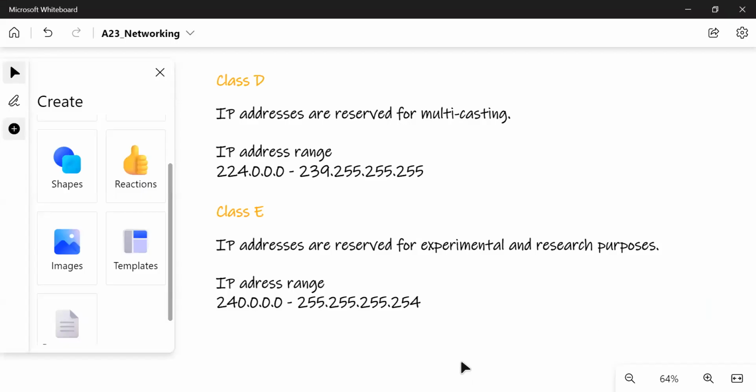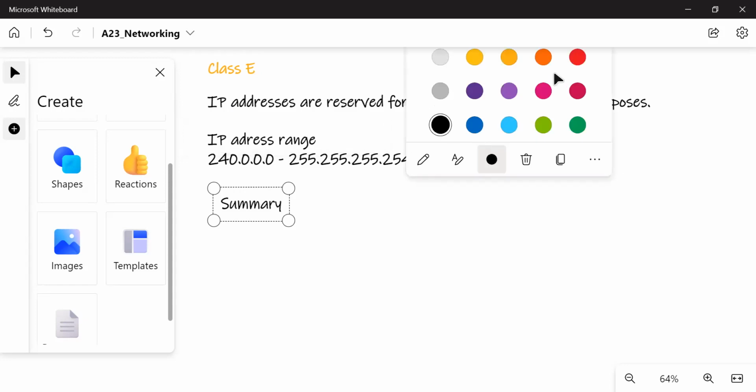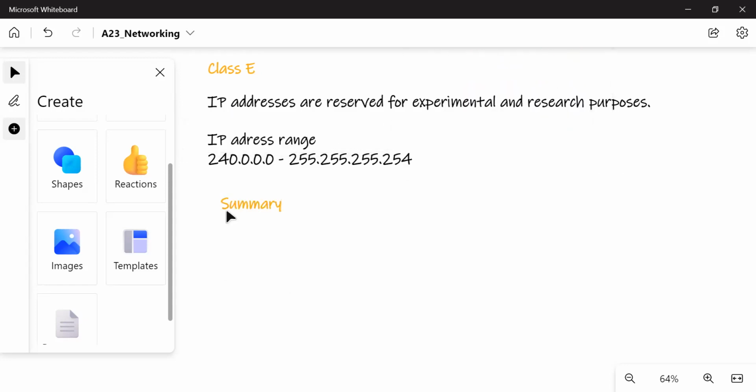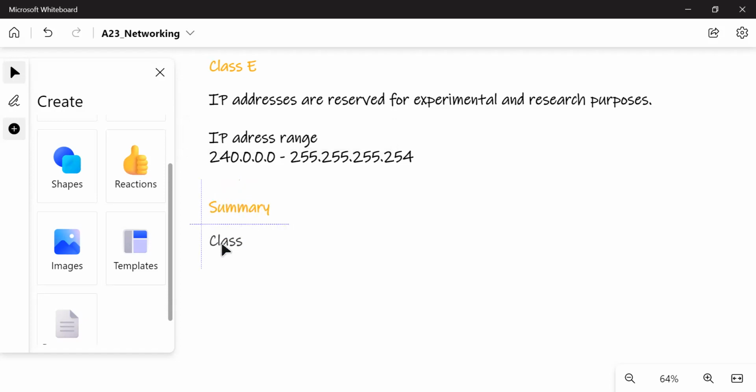Let's summarize everything, right? So let's take a small table. We'll summarize what we have discussed so far. We can talk about the first three classes because they are more important compared to the last two.